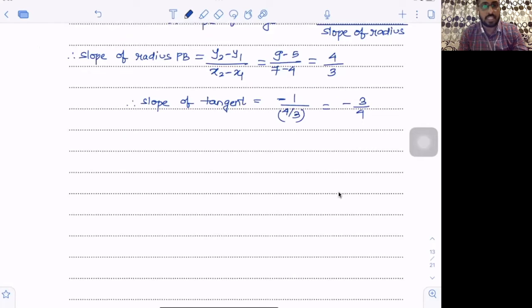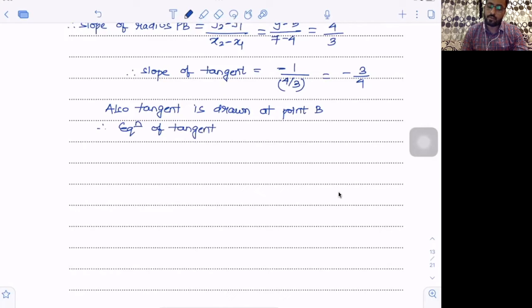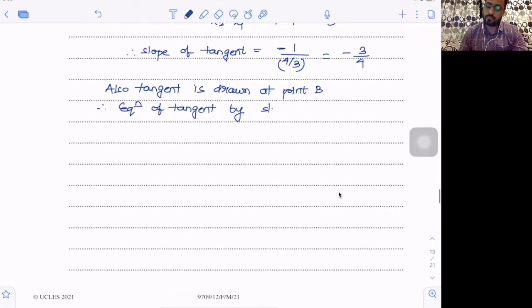So I have the slope of the tangent. I know that the tangent is drawn at point B. Therefore, I can get the equation of the tangent by the slope point form, which is y minus y1 is equal to m into x minus x1.